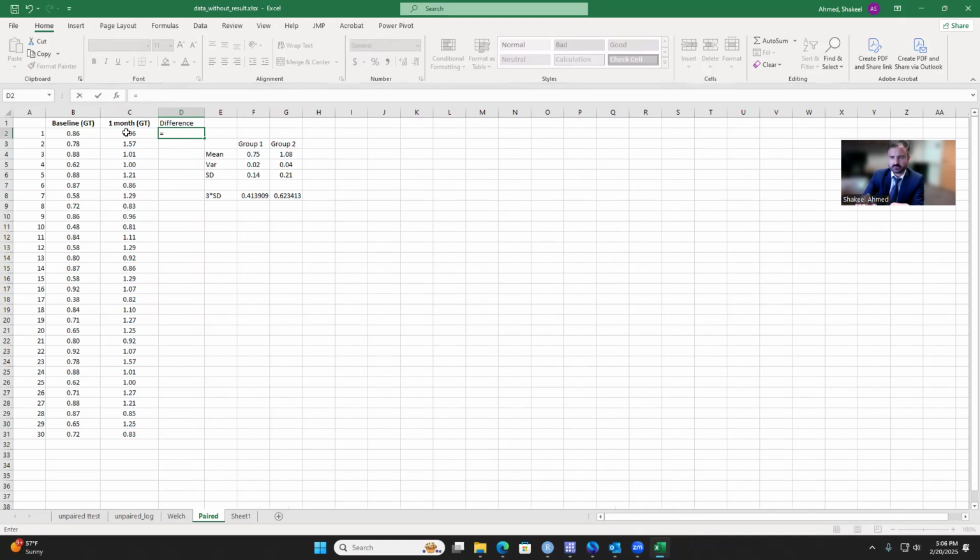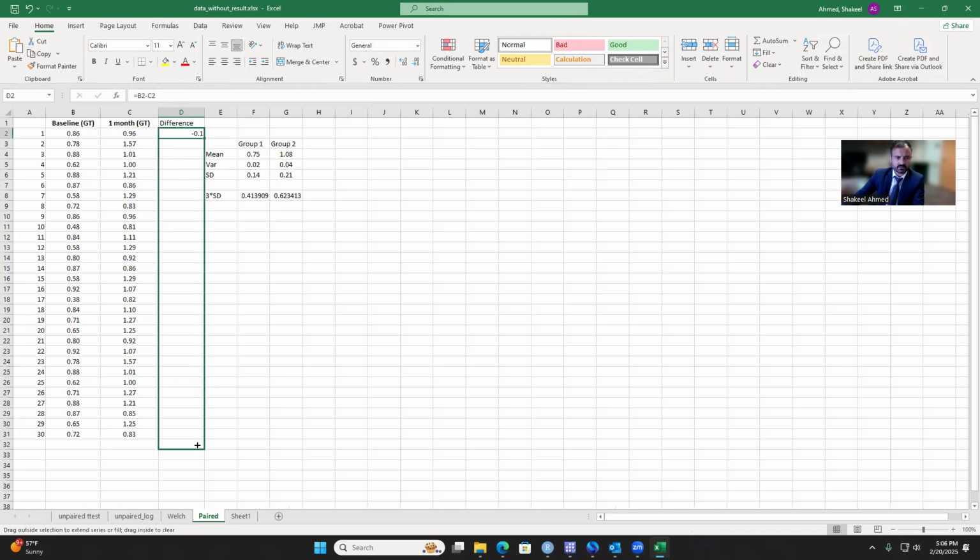If you are testing whether the outcome in one period is greater than the outcome at the baseline period, then you need to specify the subtraction accordingly. So I'm just finding the mean of GT at baseline minus the mean after 1 month, and we get the differences.